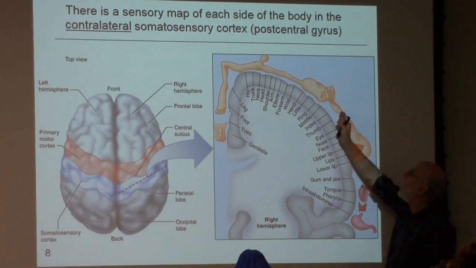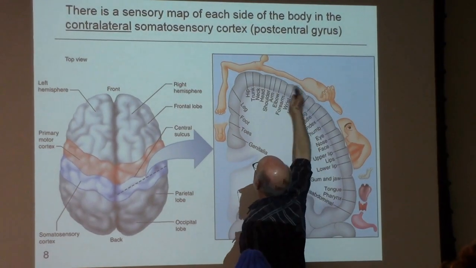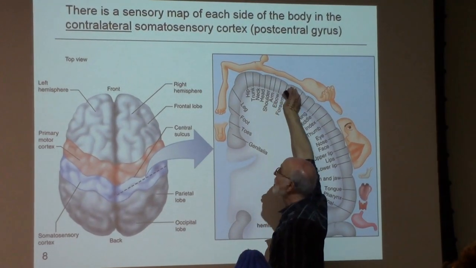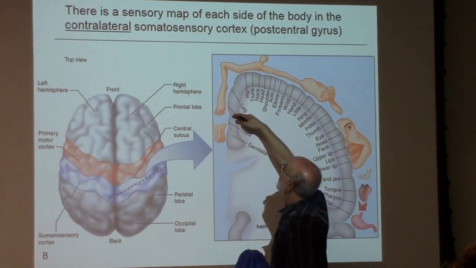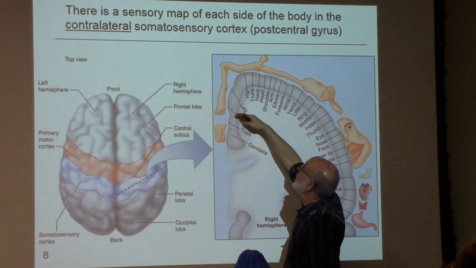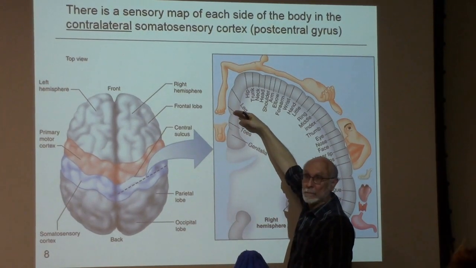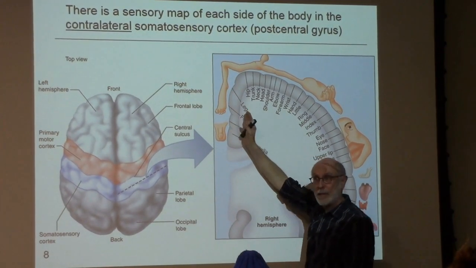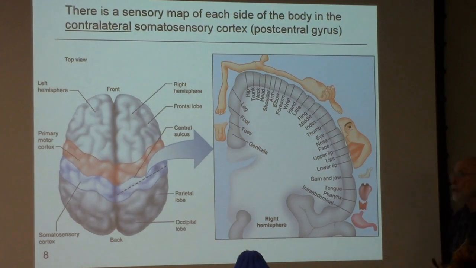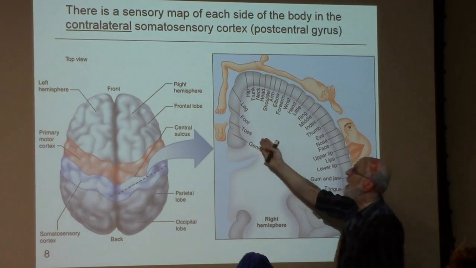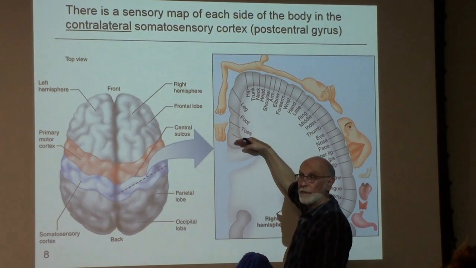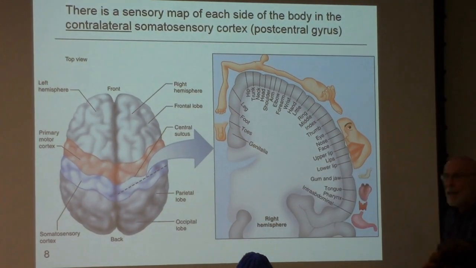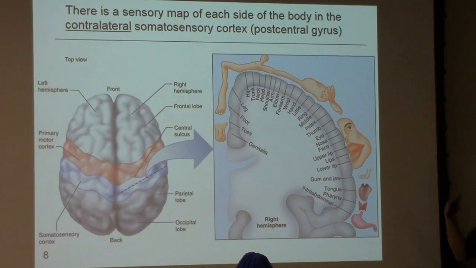And the hands and arm are mapped superior. And the legs and toes are mapped medial, in the area next to the longitudinal fissure. And the genitalia are mapped most medial and most ventral in that fissure. And so there is a map of the body.